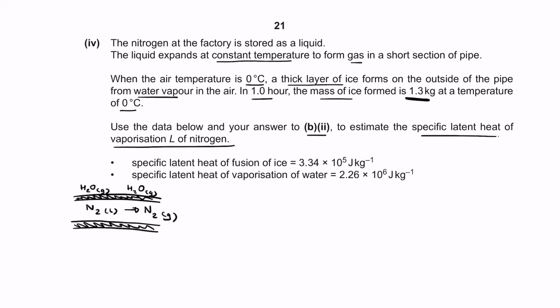Okay, so at the same temperature, the temperature does not change, so this is where we use latent heat. So if I just write down an equation in terms of the latent heat of nitrogen, so m of nitrogen times the latent heat of vaporization, and that's what we are trying to find here. So this energy transferred is from the H2O, gaseous molecules.